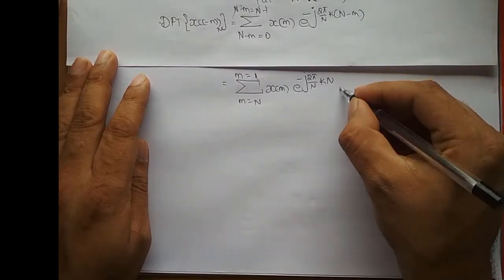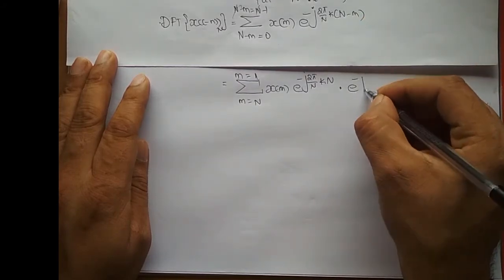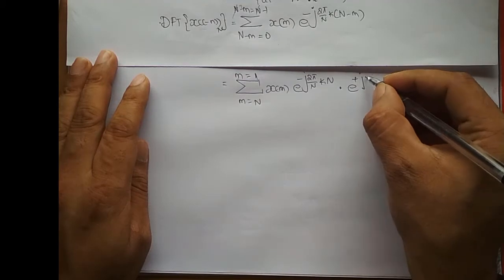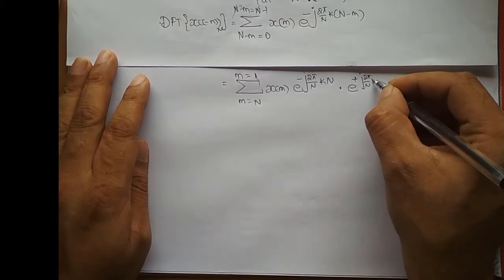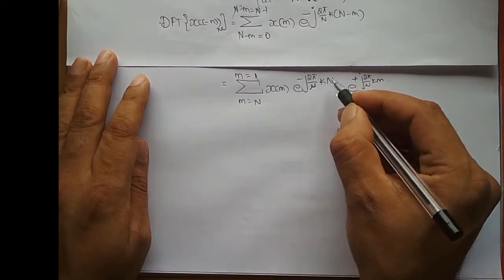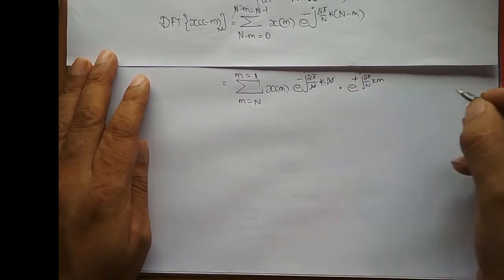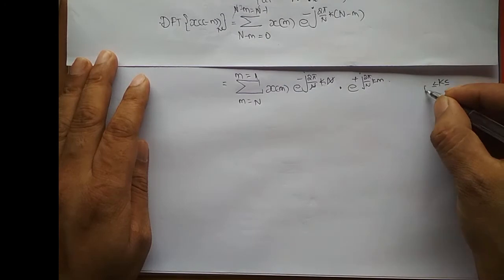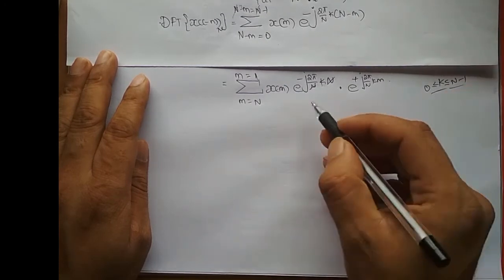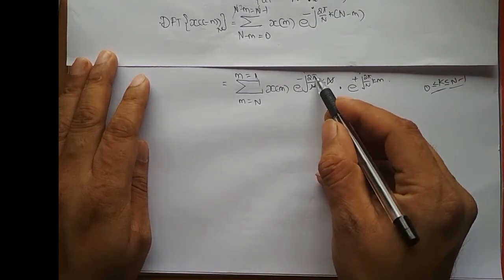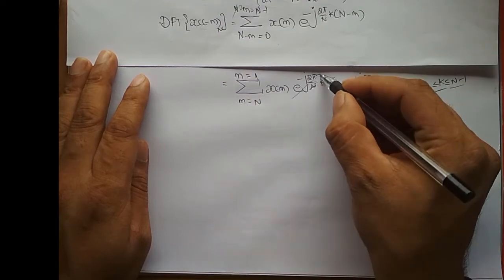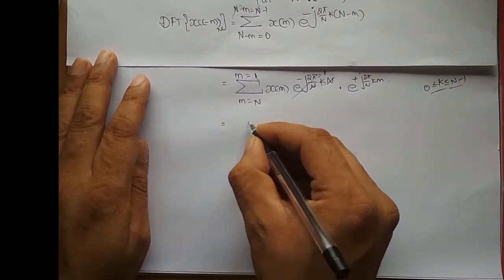I'll be splitting this exponential, minus into minus plus j into 2 pi by N into k into m. Here N cancels out, e power minus j 2 pi into k, but k is varying from 0 to N minus 1. So it's an integer, and integer multiple of e power minus j 2 pi is always 1. So this is equal to 1. So this is equal to summation.